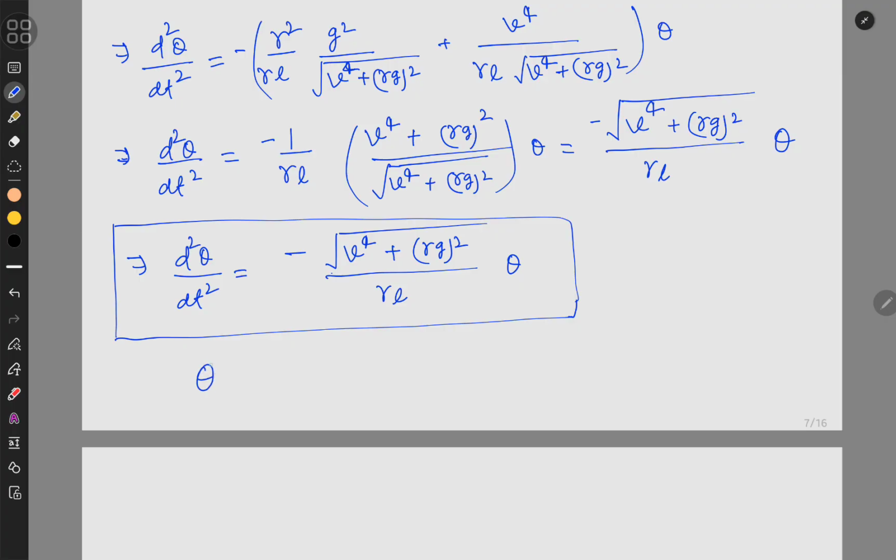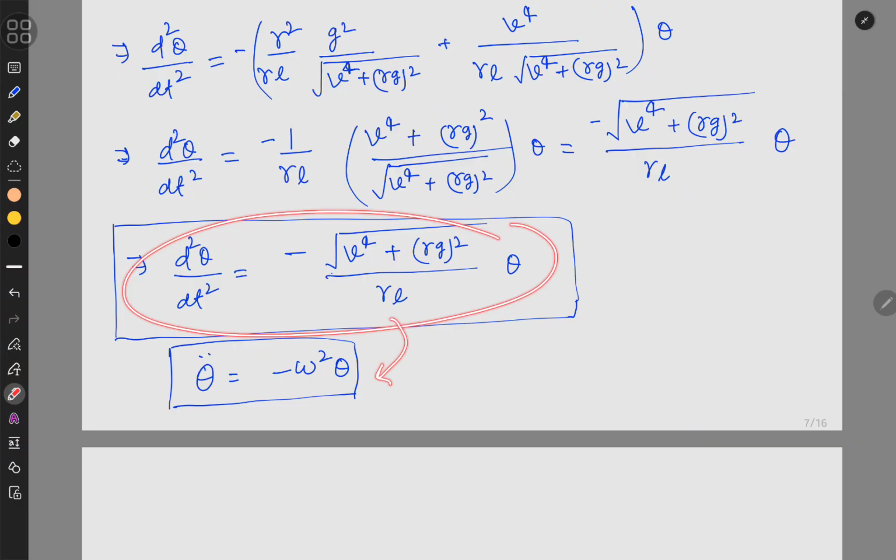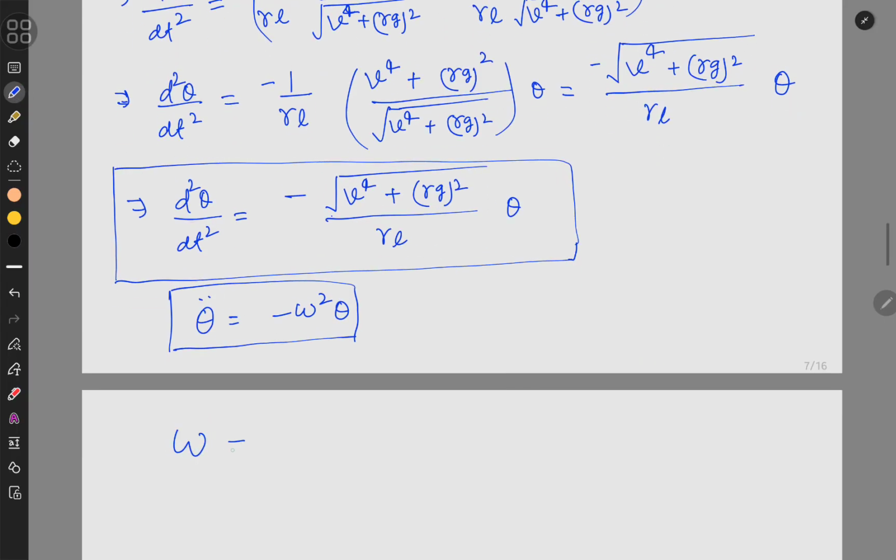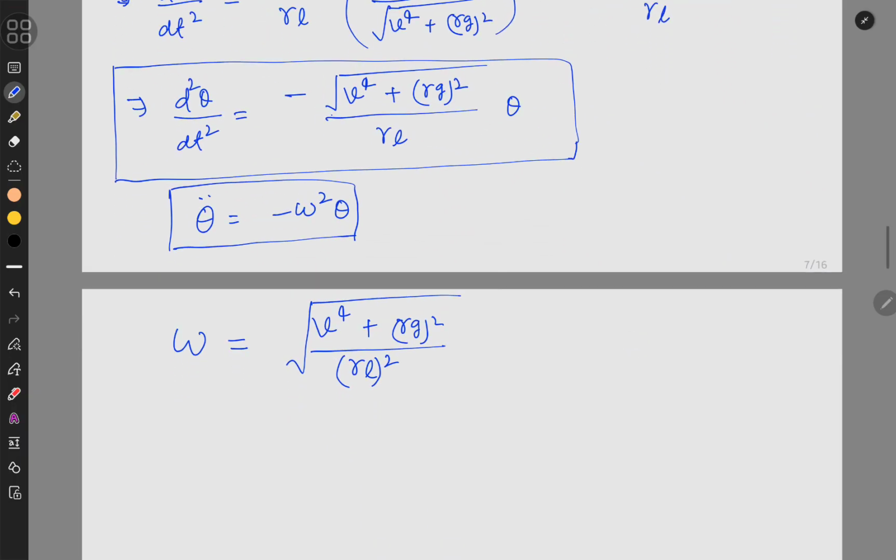It looks like something equal to theta, and if I compare this equation with the equation of SHM, then I can write that the angular frequency omega equals the square root of v to the power 4 plus Rg squared divided by RL, and I can, let's say, square this. This is what the angular frequency will be in our case after comparing with this equation.